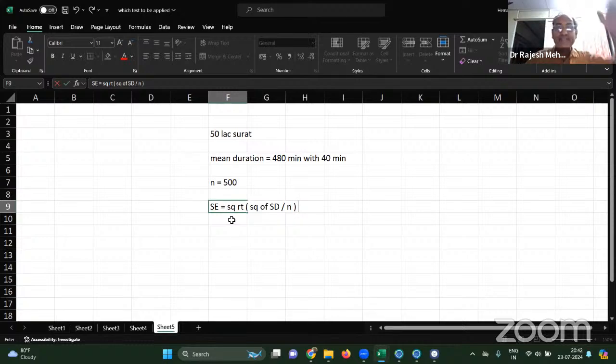If you draw on x-axis and y-axis the number of samples, the standard deviation at this juncture is labeled as standard error of mean. So roughly it would be square root of the square of standard deviation, 40 into 40, 1600, divided by 500.